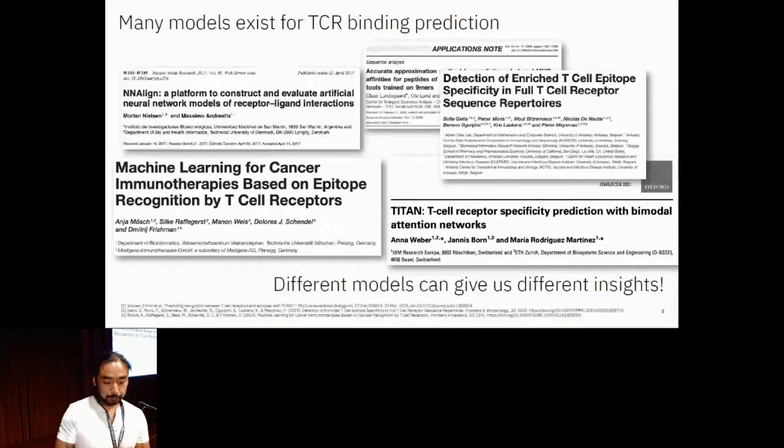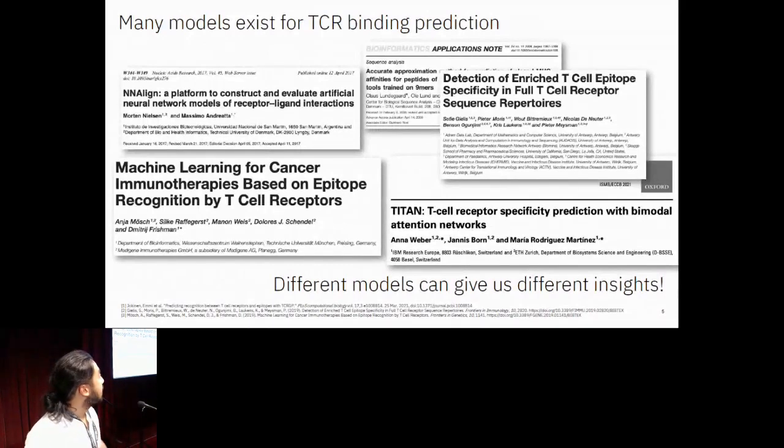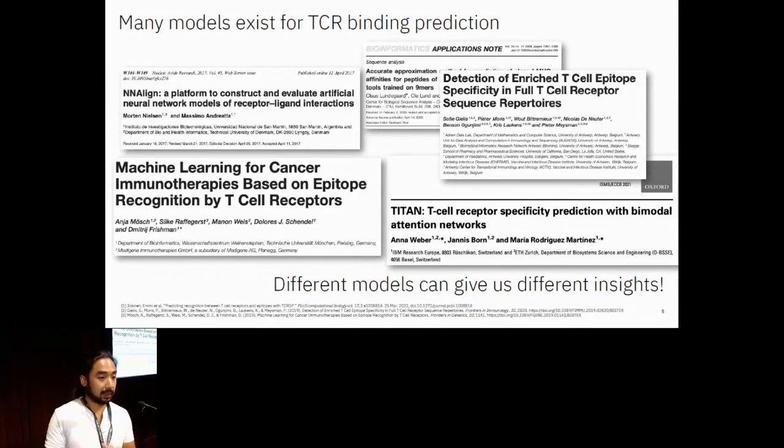And because they are trained on different data sets, or they have different inductive biases because of the modeling architecture, most probably these different models will give us different insights into the T cell receptor binding problem. The other thing is that not all models have some interpretability capability to tell us what are the binding rules that are driving this phenomenon.